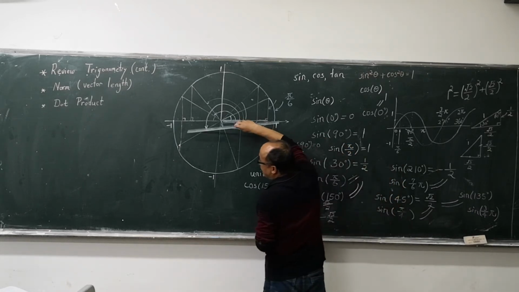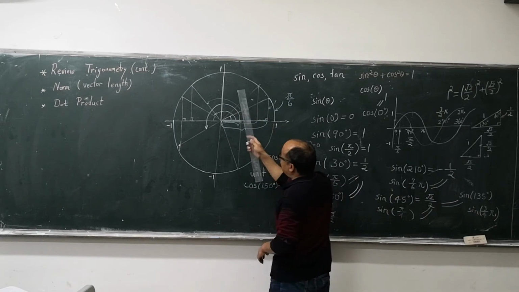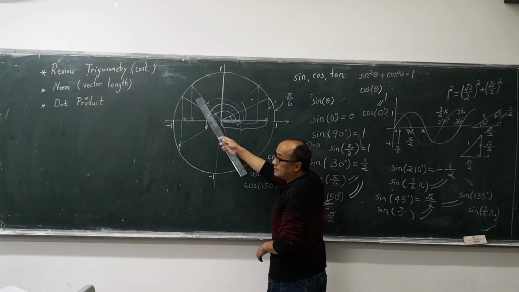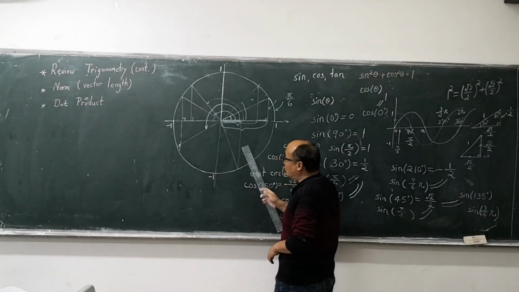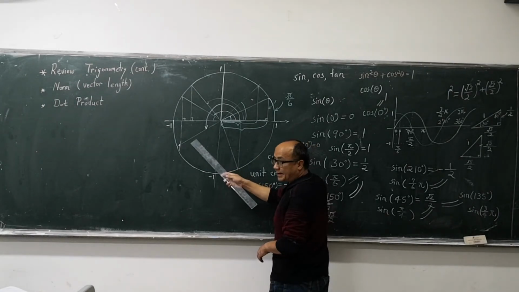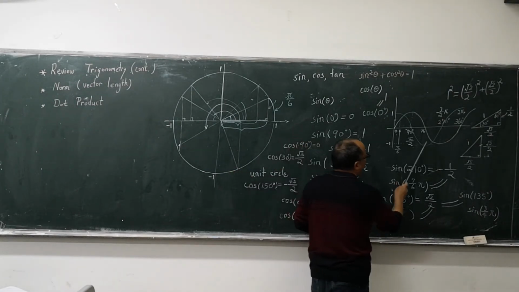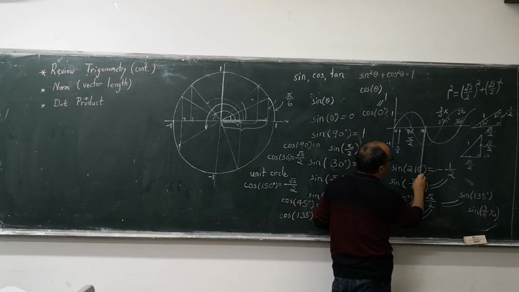Okay, now let's get into the quarters: first quarter, second quarter, third quarter, fourth quarter. In the third quarter, from 180 degrees to 270 degrees, both are negative.